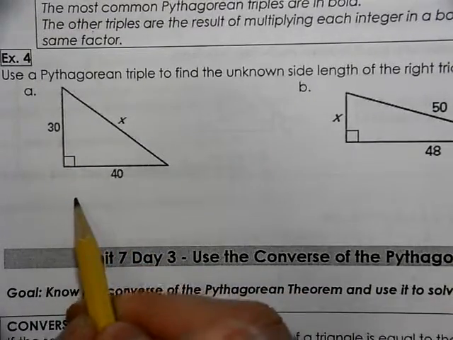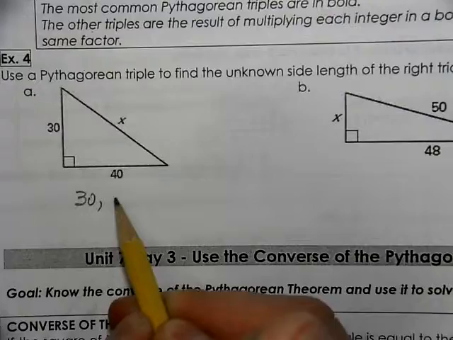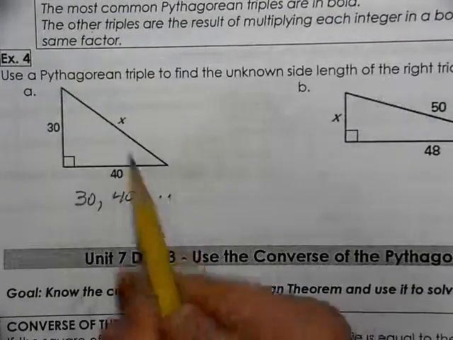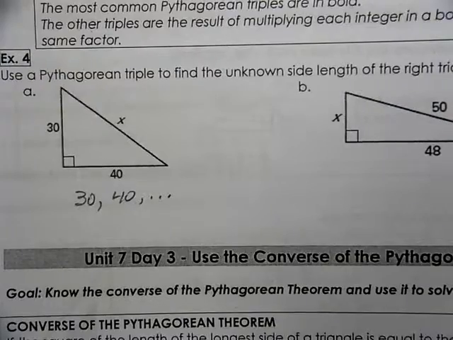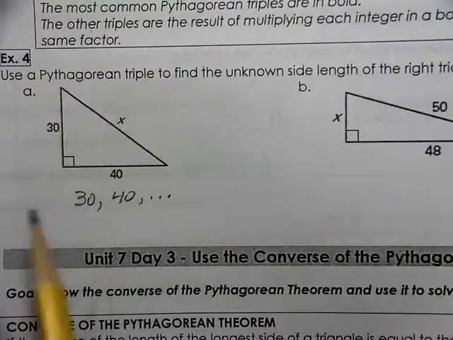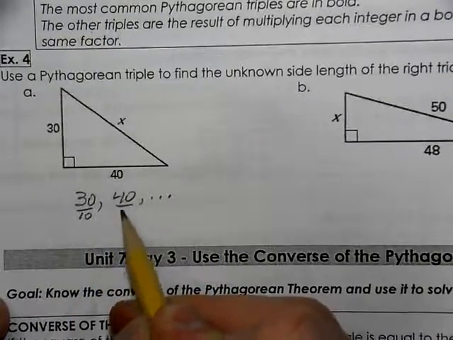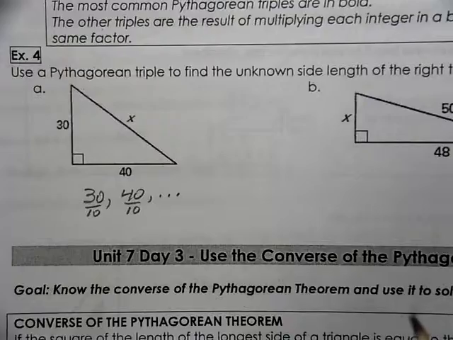We know we have two legs. We have the 30 and we have the 40. We don't have this hypotenuse. That's our x. So what you need to ask yourself is what number goes into the 30 and the 40? So I recognize that 10 can go into both of those values.